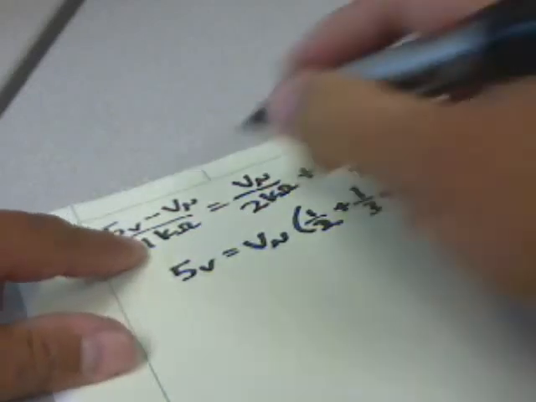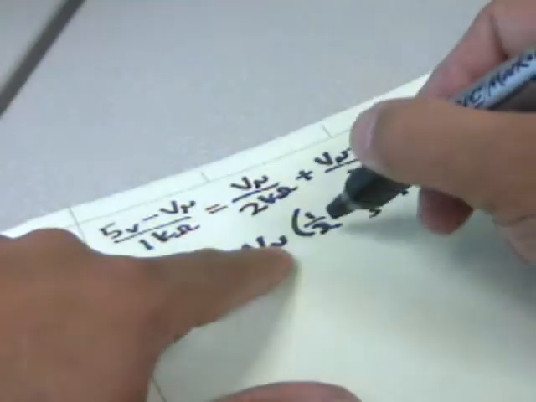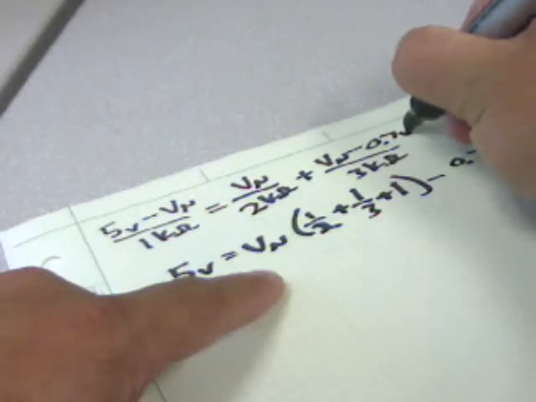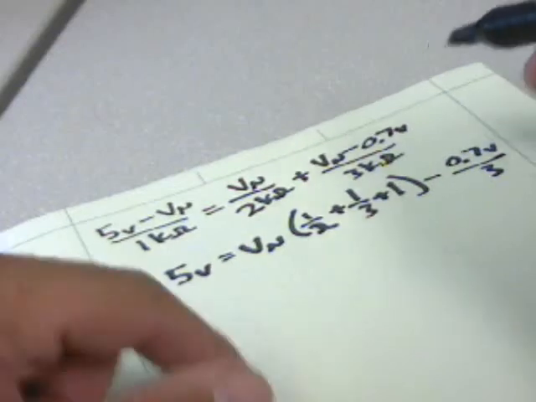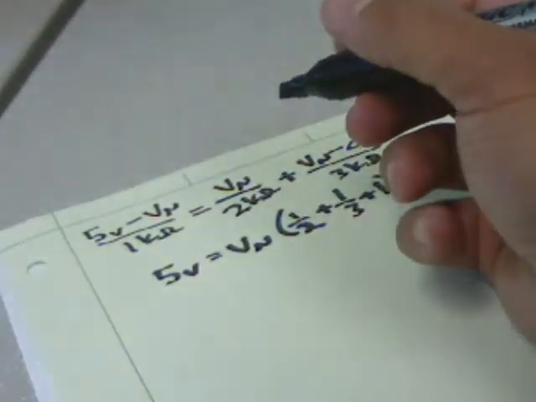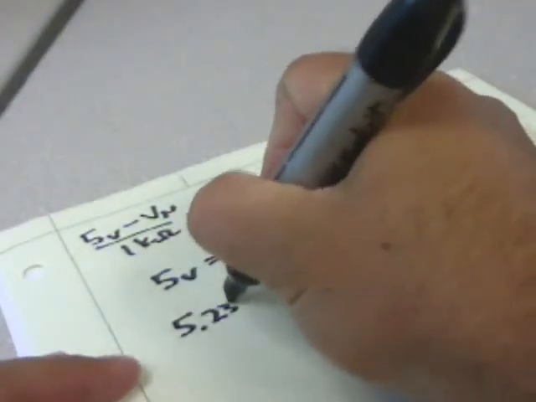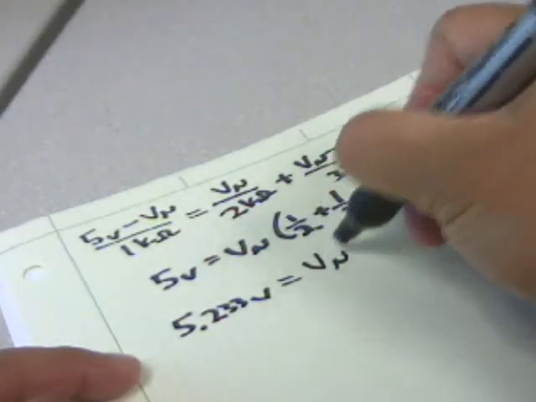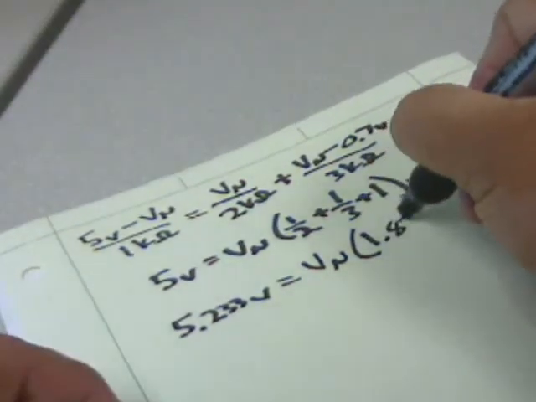You notice I divided both sides by 1 kilo ohm, and then I combined all my Vn terms, and that leaves me with minus 0.7 volts divided by 3. And so we're just going to add that over here. We punch that into our calculator, and we have 5.233 volts is equal to Vn times, and that is 1.83.